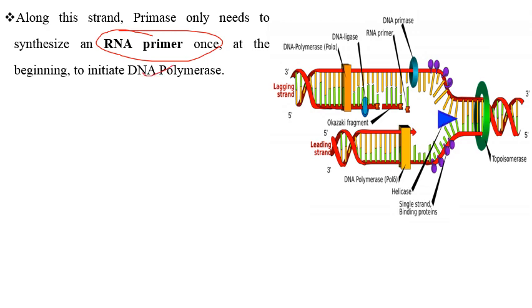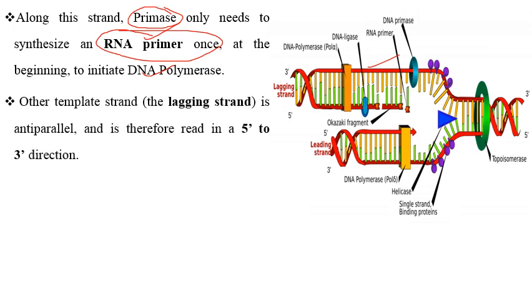So इस strand पे जिसमें leading strand बनता है उसमें सिर्फ एक बार ही RNA primer की ज़रूरत पड़ती है, and this is formed by this primase enzyme only once at the beginning to initiate the polymerization process by DNA polymerase, जो कि deoxyribonucleotides ऐड करता है complementary to the template strand.